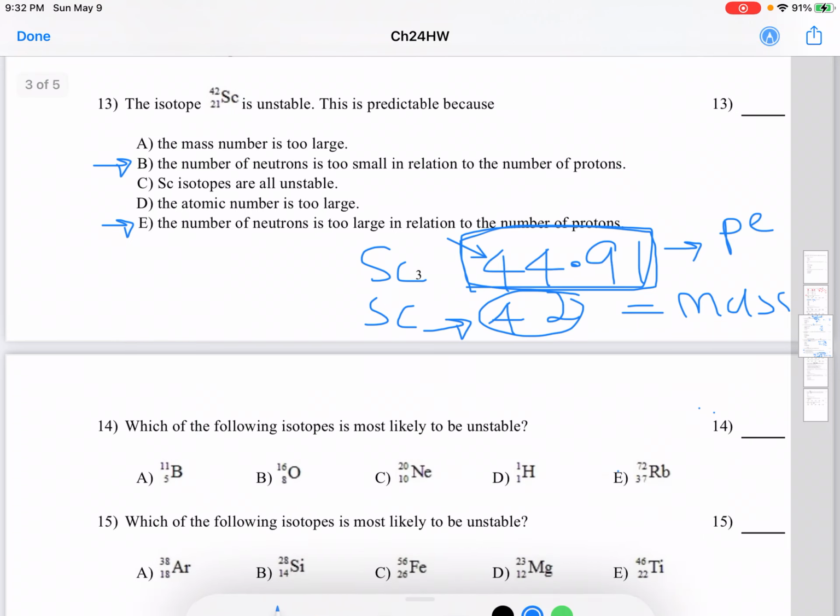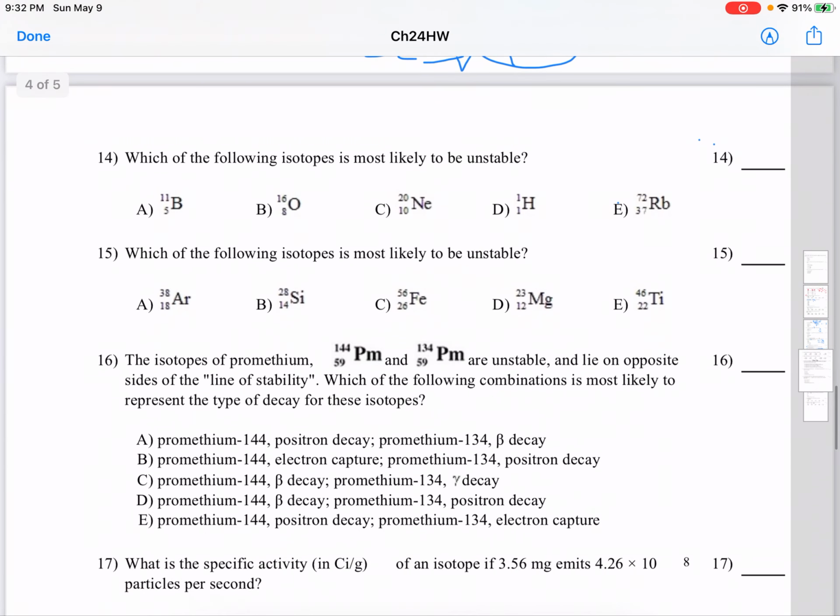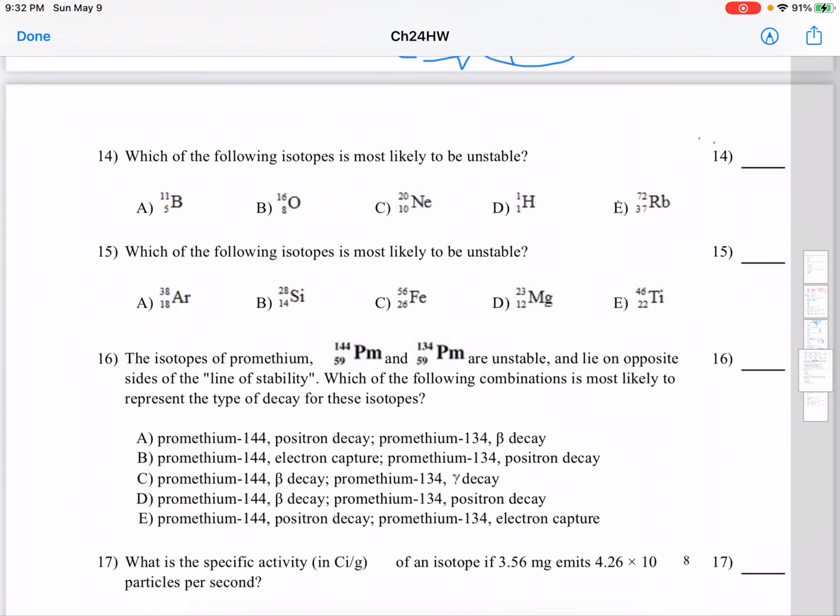Okay, the next one. Which of the following isotopes is most likely to be unstable?